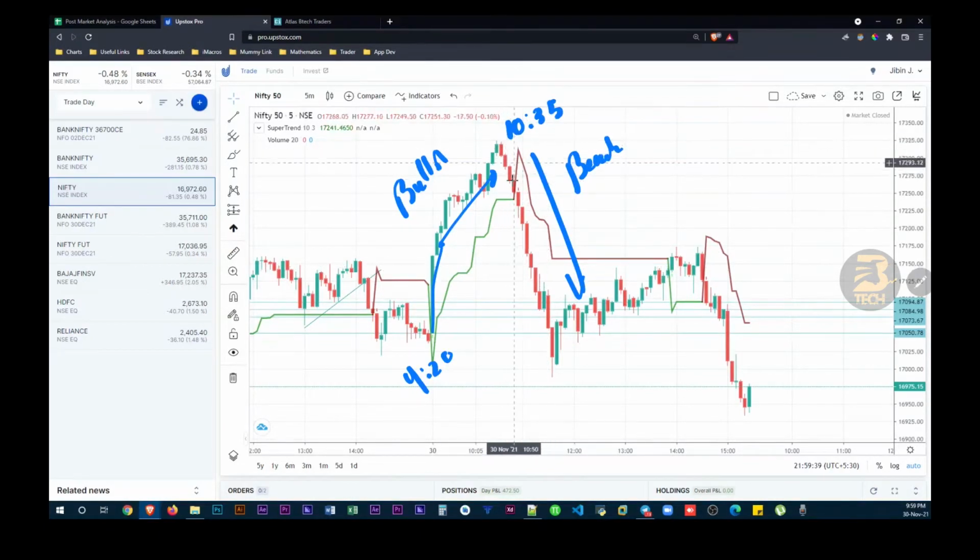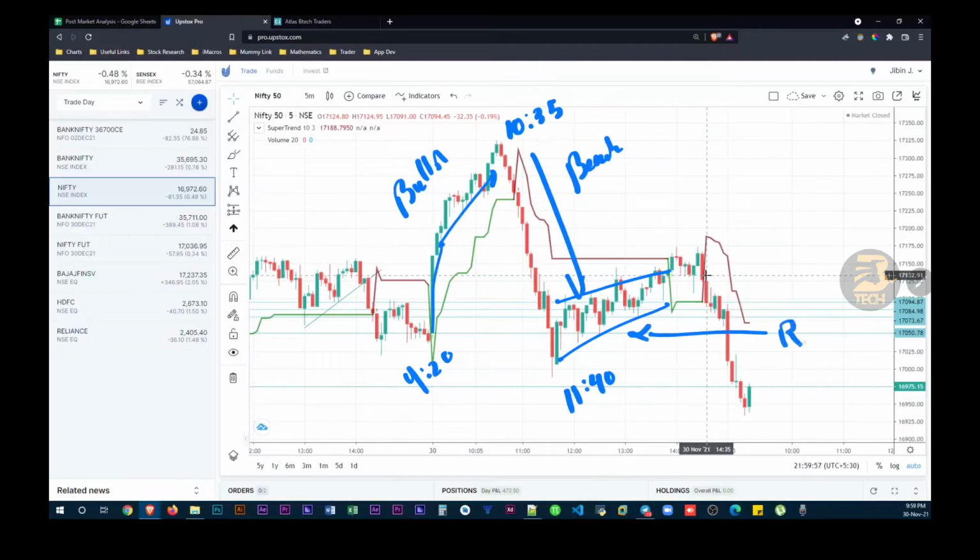So that was a bearish move. This bearish move continued till 11:40. And after 11:40 till 2:35, the market consolidated. Here it also formed what is called a rising wedge. These patterns will be discussed later on.